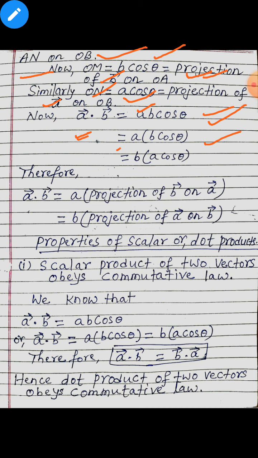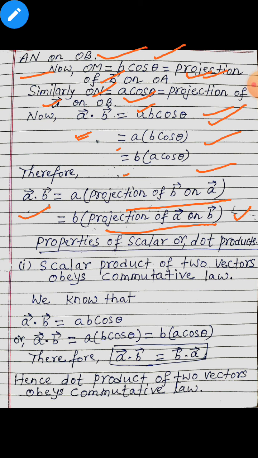It can also be written as B within bracket A cos theta. Therefore, A vector dot B vector equal to A multiplied by projection of B vector on A vector, equal to B multiplied by projection of A vector on B vector.